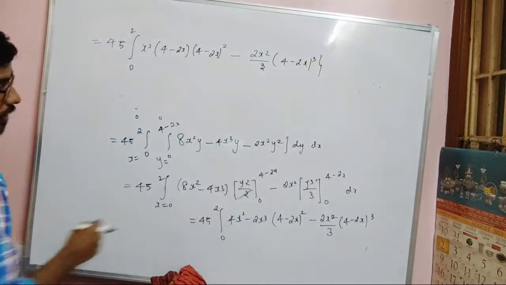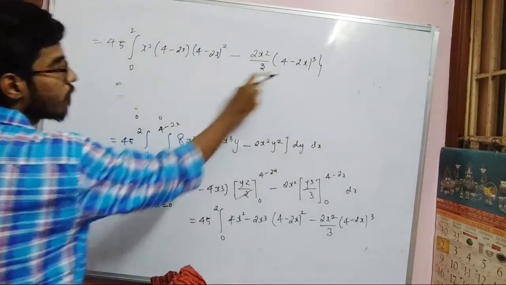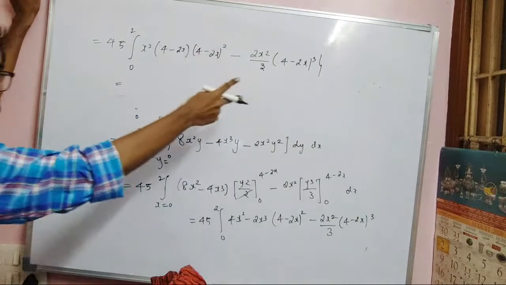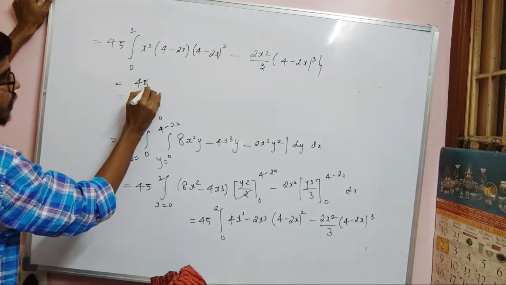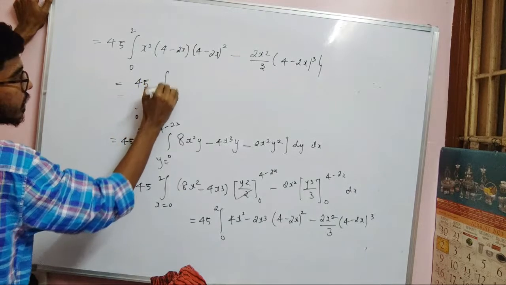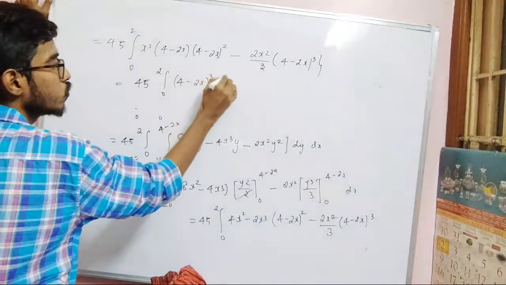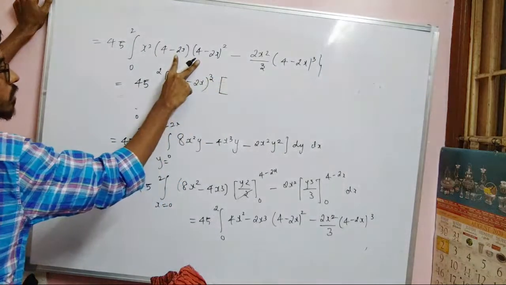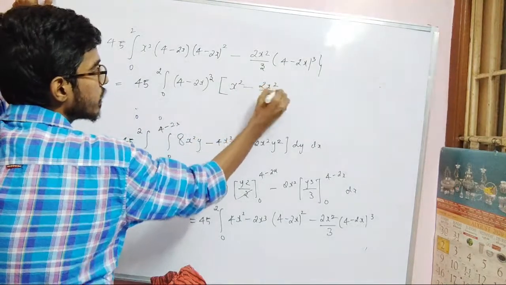I have just taken x square common here. Now I can take 4 minus 2x whole cube common. So we have 45, integral 0 to 2, with the 4 minus 2x whole cube common. So this 2 term will vanish, and we have only x square here and here we have 2x square by 3.